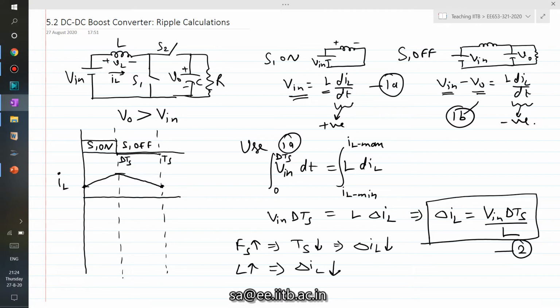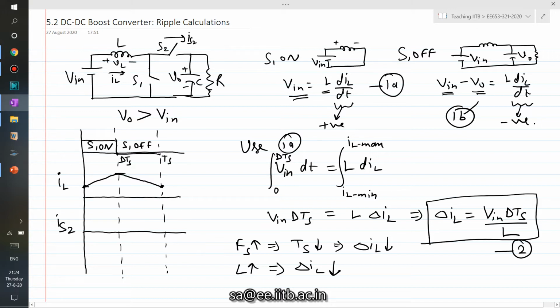Now we have found the inductor current ripple. What is the other ripple? The other ripple is the output capacitor voltage ripple, right? So let's try to find the output capacitor voltage ripple. In doing so, let's take a first step, which is to draw the switch current IS2. Let me show the reference direction.